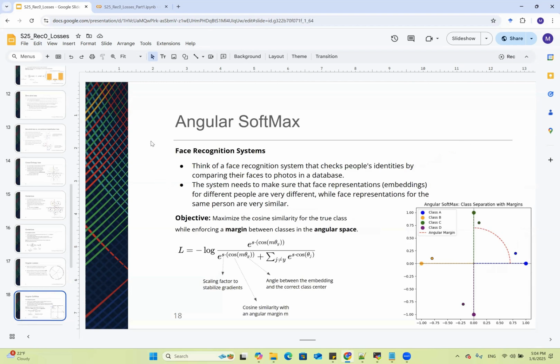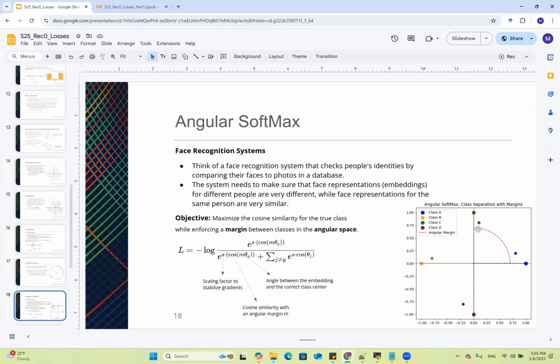So the angular softmax. An example for angular softmax is a face recognition system. Think of a face recognition system that checks people's identities by comparing their faces to photos in the database. The system needs to make sure that face representations for different people are very different from each other's, while face representations for the same person are very similar.